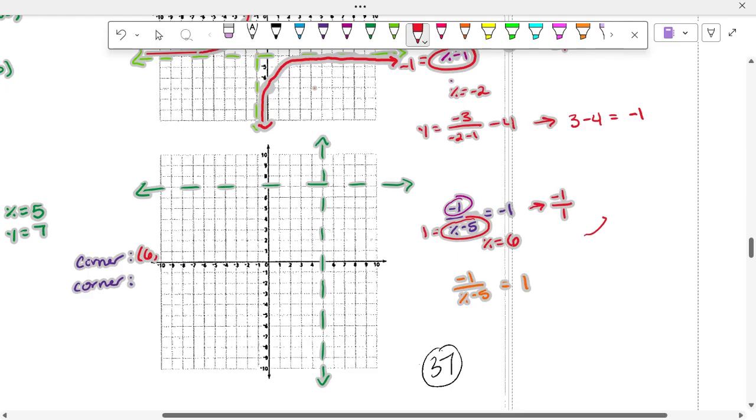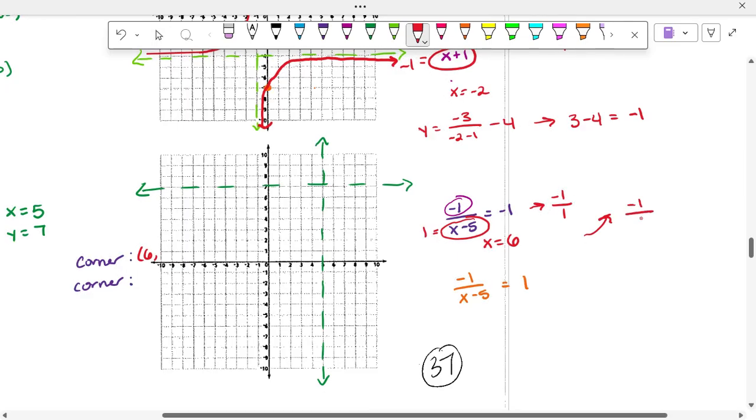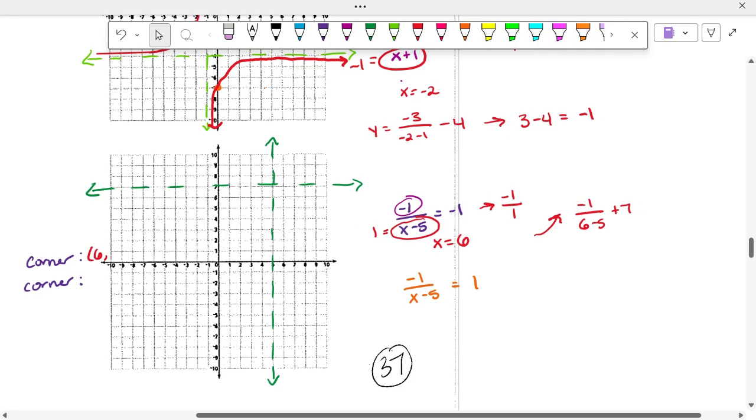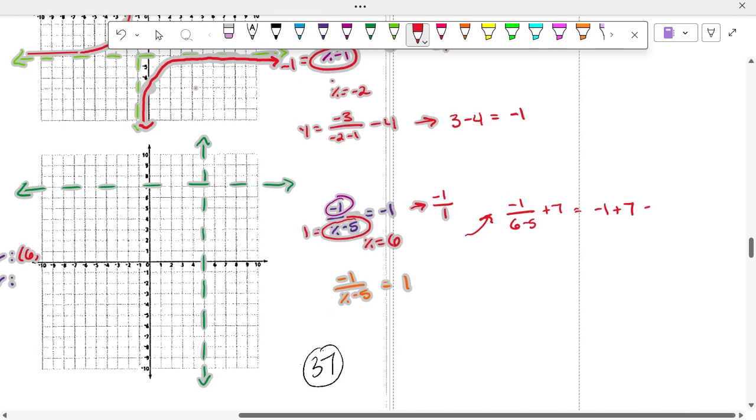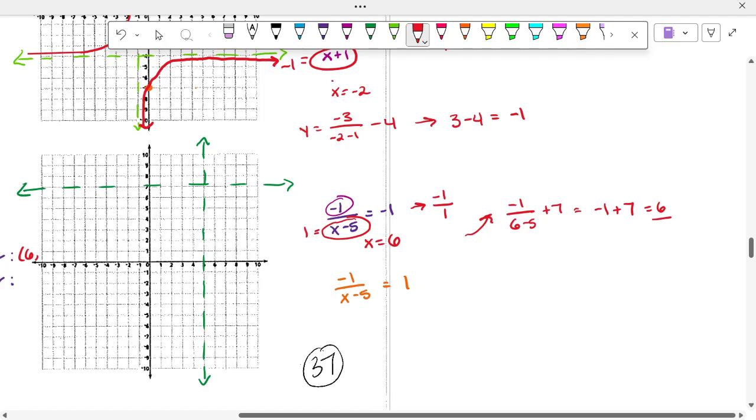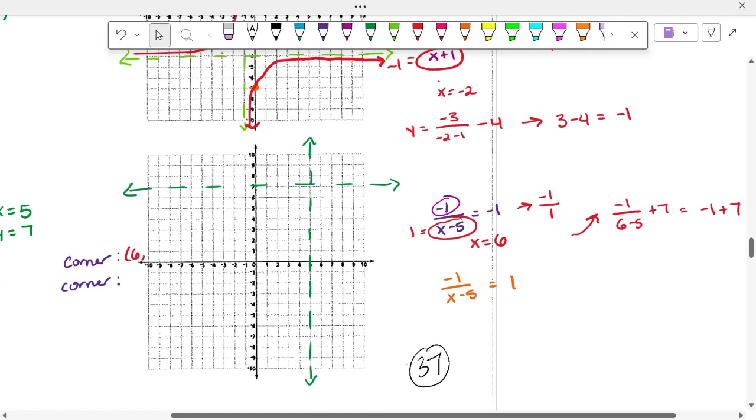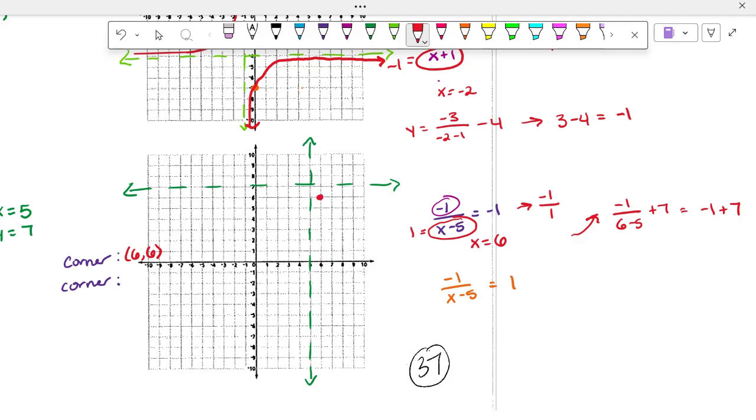Into the original. So I have -1 over 6 minus 5 plus 7. So that would be -1 plus 7, which is 6. So that's my y. So my first corner point is at 6, 6. Okay, now what do I do?